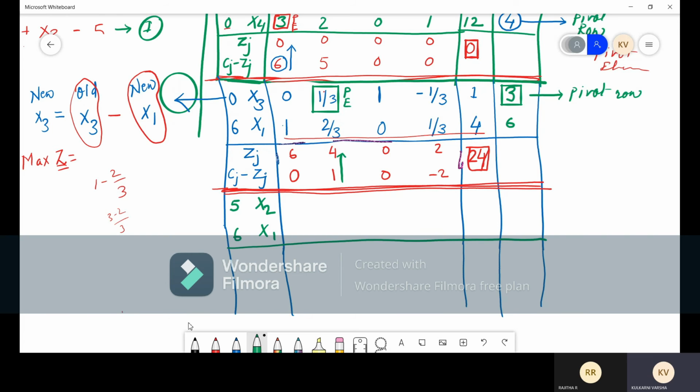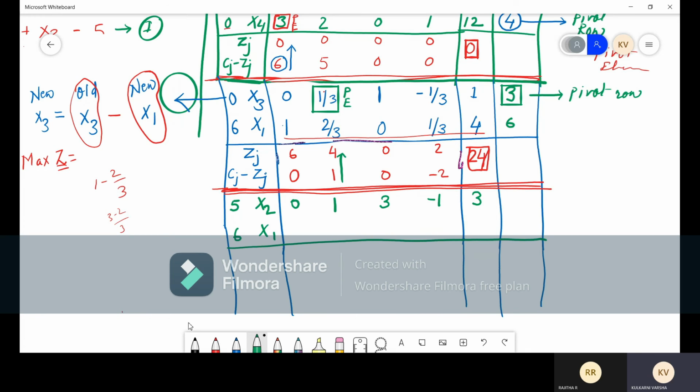So pivot row divided by pivot element means 0 divided by 1 by 3, so it will be 0. 1 by 3 divided by 1 by 3, so this is 1. 1 divided by 1 by 3, so it is 3, minus 1 by 3 divided by 1 by 3, so it is minus 1. And here 1 divided by 1 by 3, so it is 3. So you will get this very easily by saying pivot row divided by pivot element.